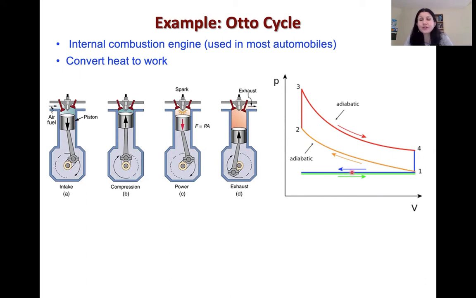What's the purpose of your engine? It is to use the fuel from the car in order to make the wheels turn, and that is exactly what happens here. There's a process of combustion. So heat is being put into the system, which drives this crank. There's a little piston connected to a crank, which always moves in one direction, which eventually is what makes the wheels of your car rotate.